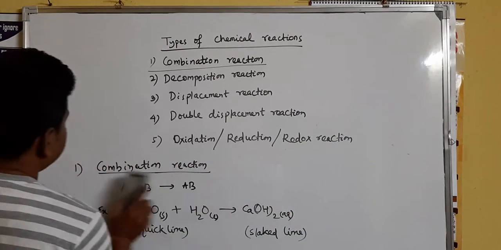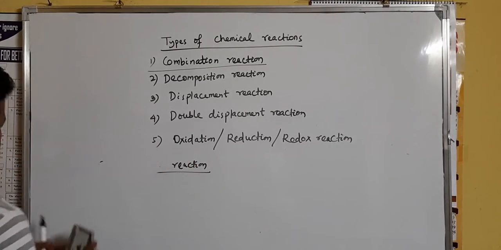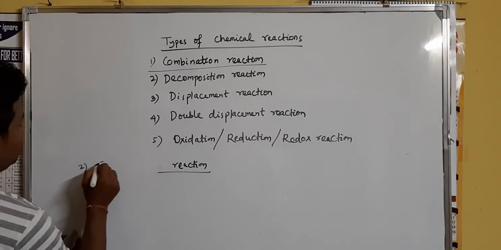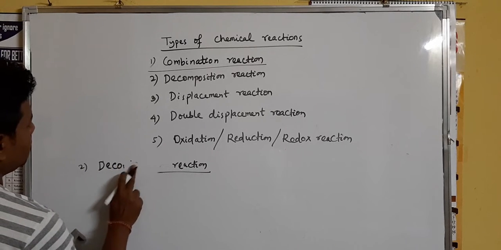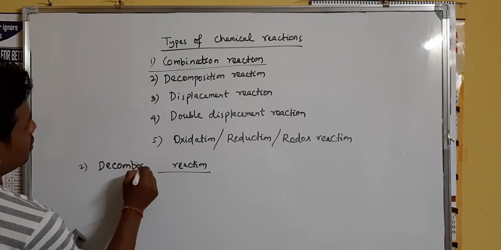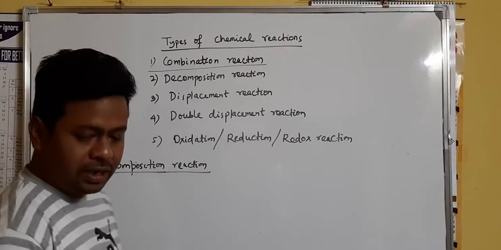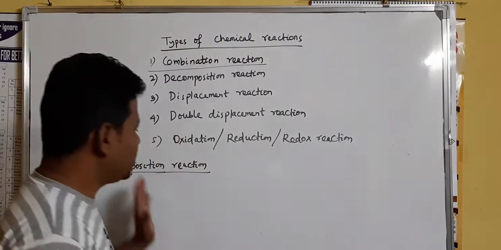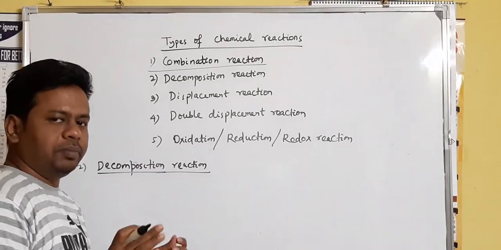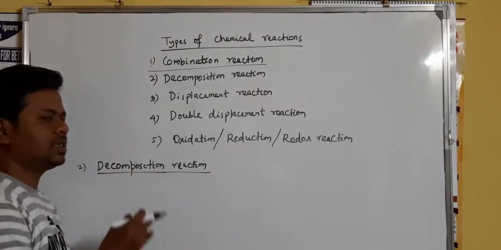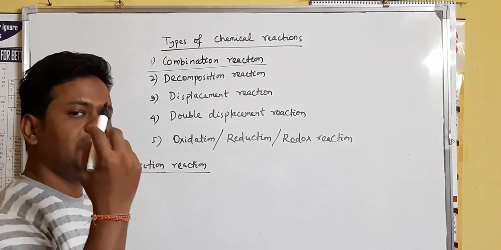In decomposition reaction, the word decomposition means breaking. Like combination means to combine, to join, whereas decomposition means to break. So you can find that in this reaction two or more products will be formed from a single reactant.